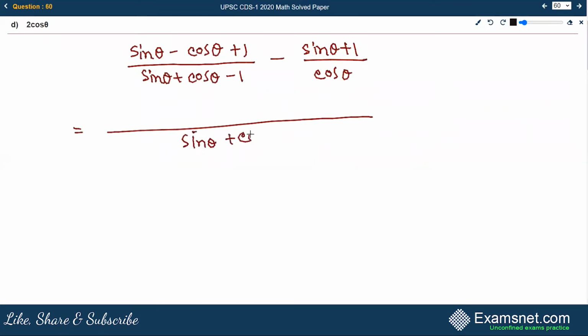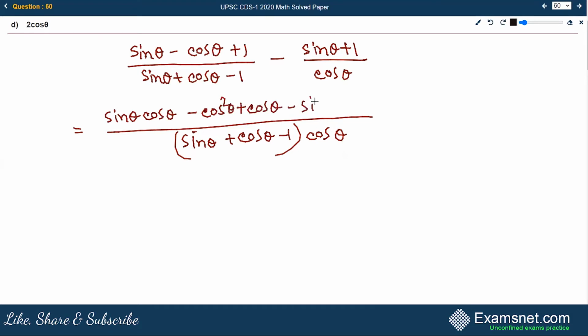Sin theta plus cos theta minus 1 multiplied by cos theta. So here we will get sin theta cos theta minus cos squared theta plus cos theta minus sin squared theta plus sin theta cos theta minus sin theta and plus sin theta plus cos theta minus 1.